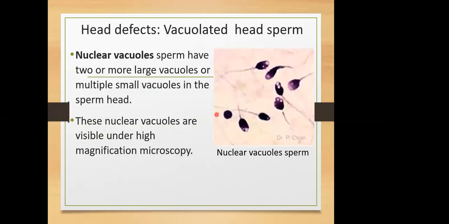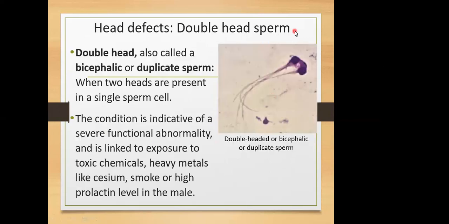And then the nucleated head. And then the double head. Okay, thank you too for understanding. So double, of course, means bicephalic. So bi means two, like bicycle, and cephalic means head.